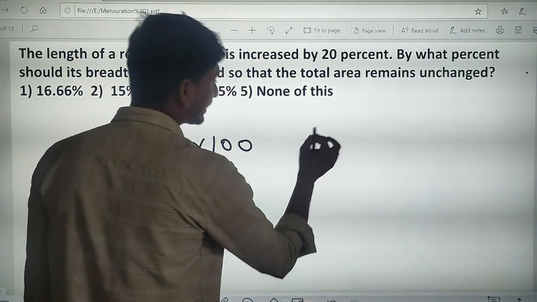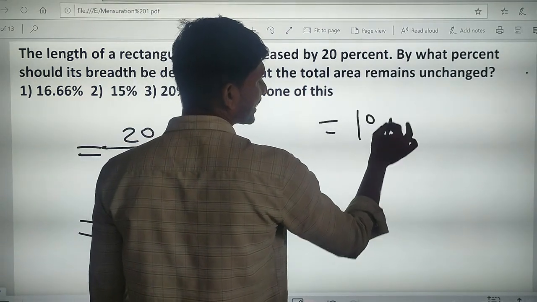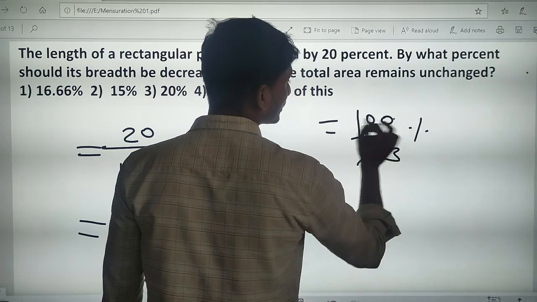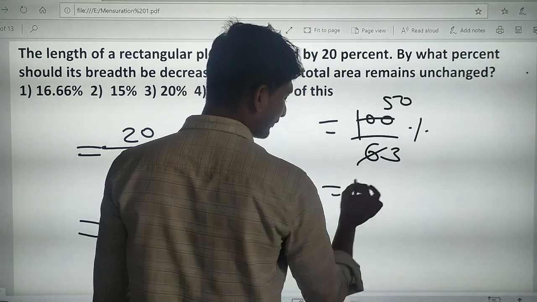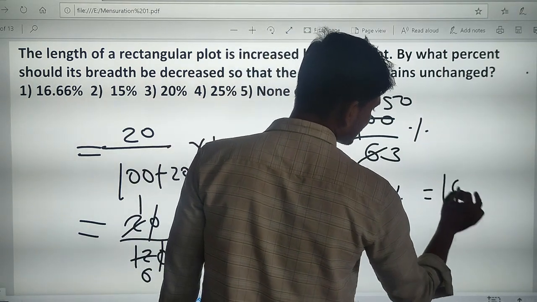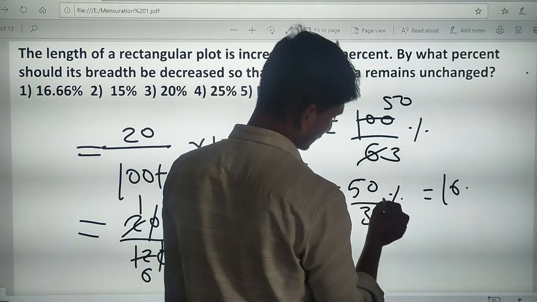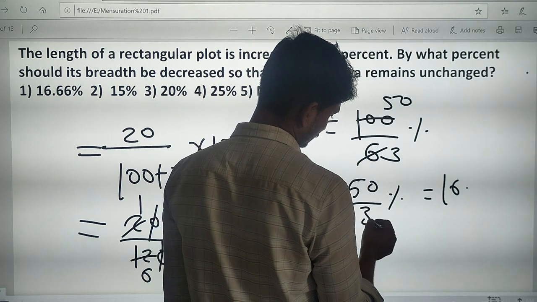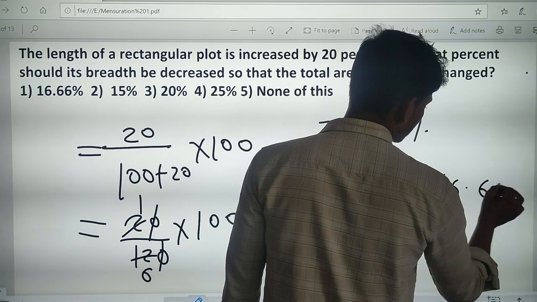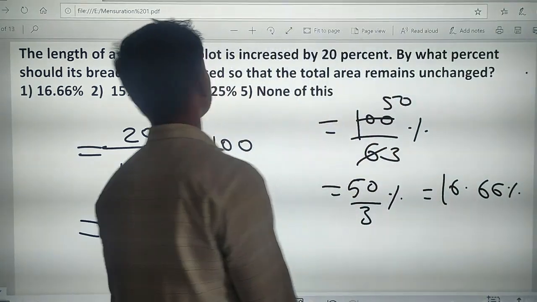Then 100 divided by 6%. That is 50 divided by 3%. That is 16.66%. Your answer is 16.66%.